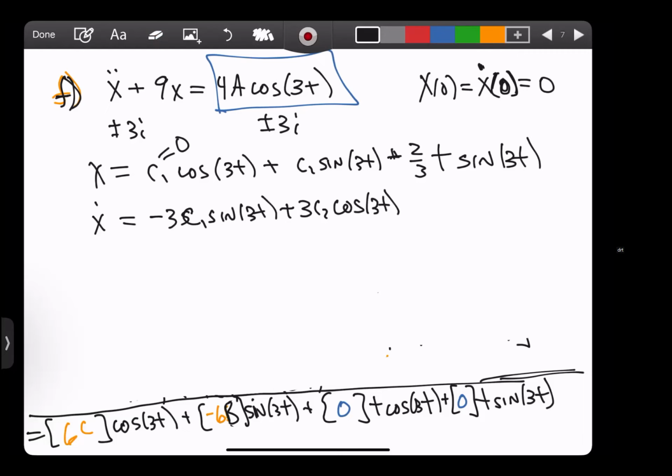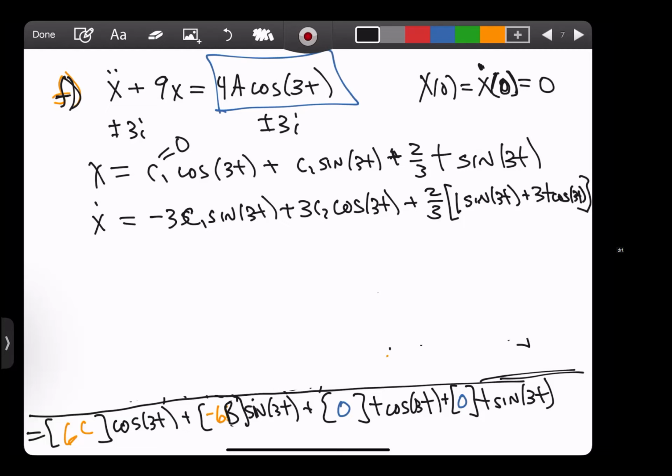And then this is going to turn into a gosh darn product rule. So that's going to be 1 sine of 3t plus 3t cosine of 3t. Well, I'm having a good time here.